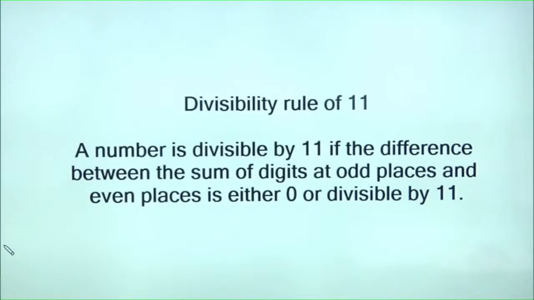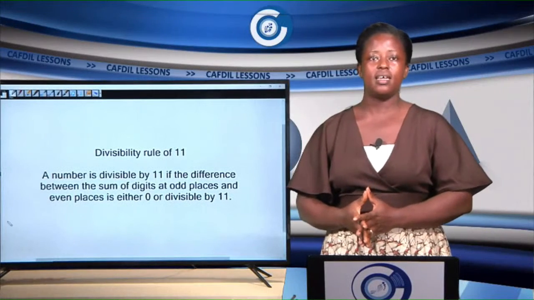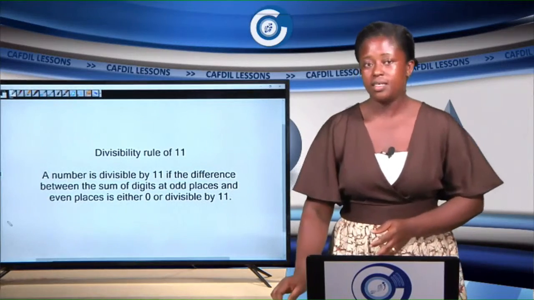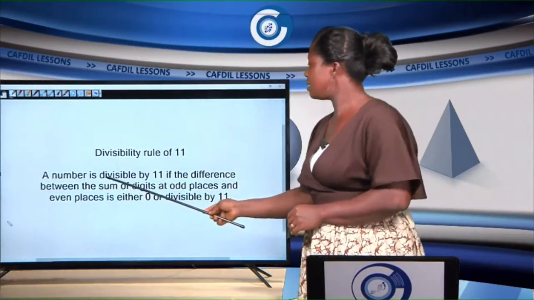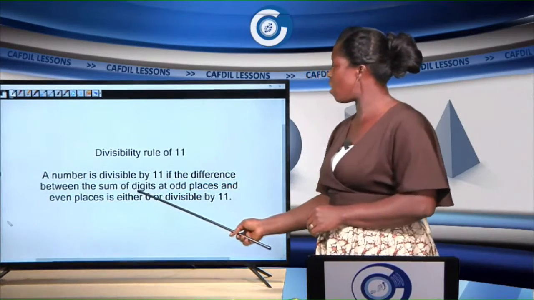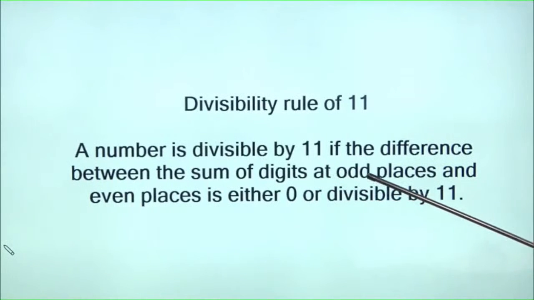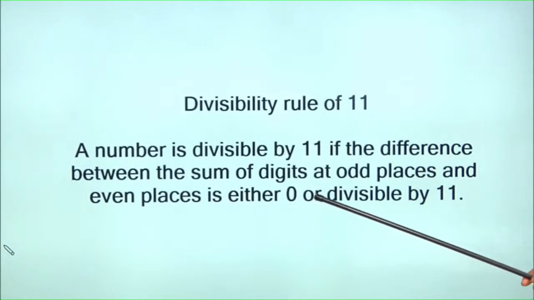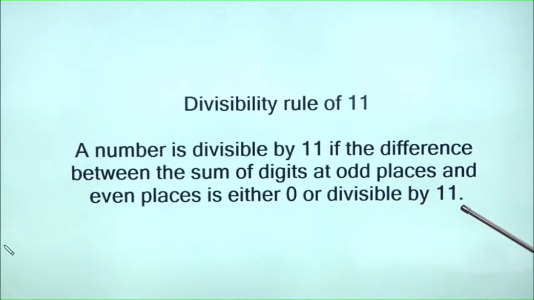We are to identify numbers that are divisible by 11. Before we can do that, there is a rule we must follow, and that rule is the divisibility rule of 11. And what does the rule say? It says a number is divisible by 11 if the difference between the sum of digits at odd places and even places is either 0 or divisible by 11.